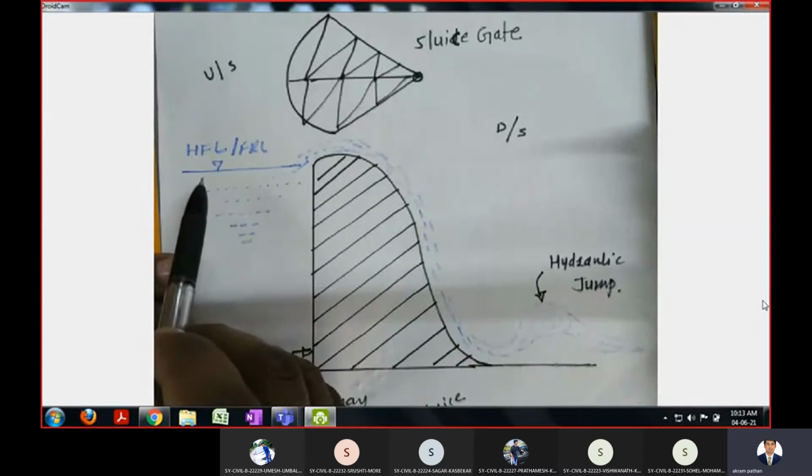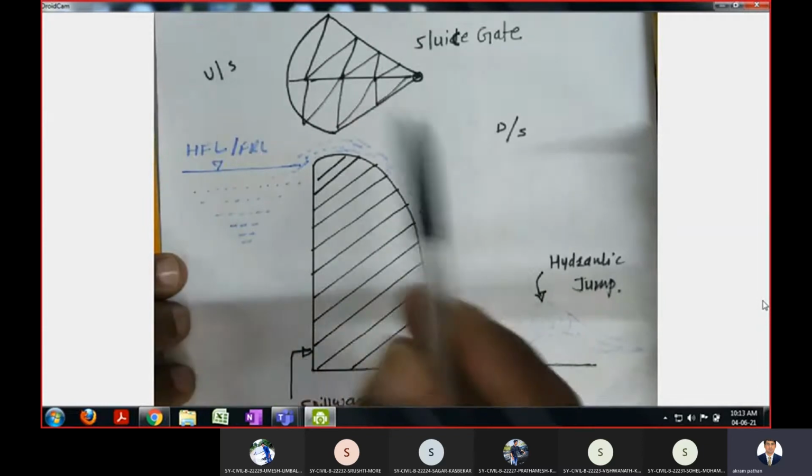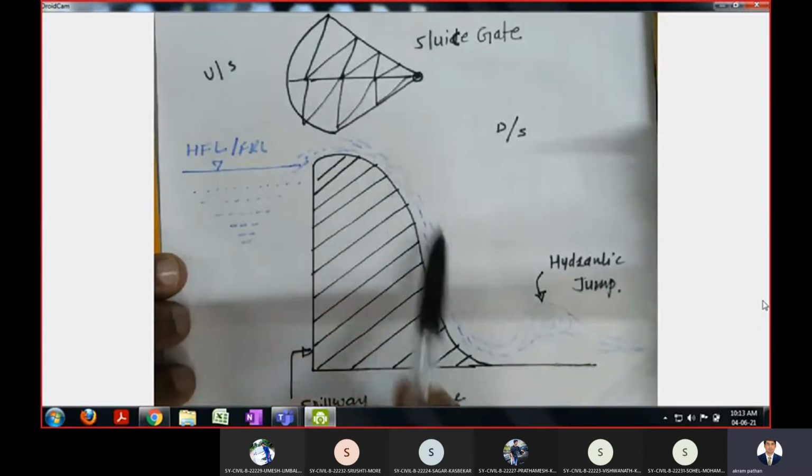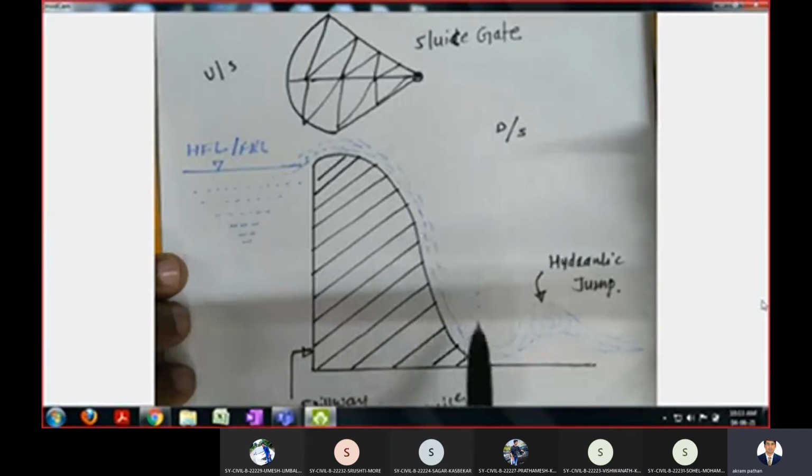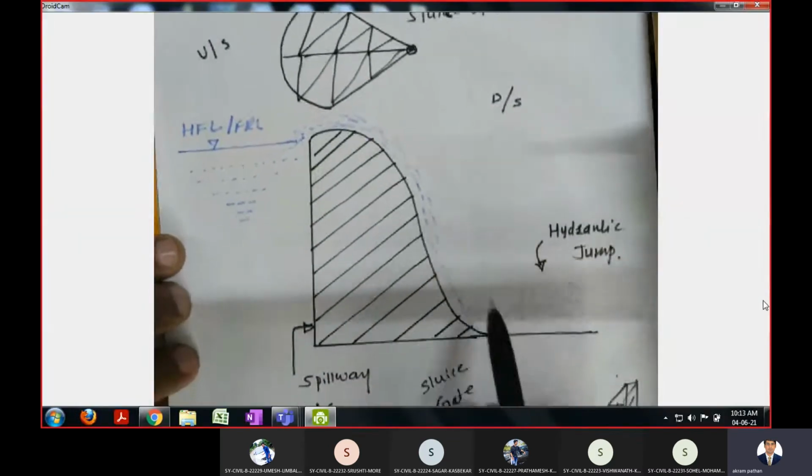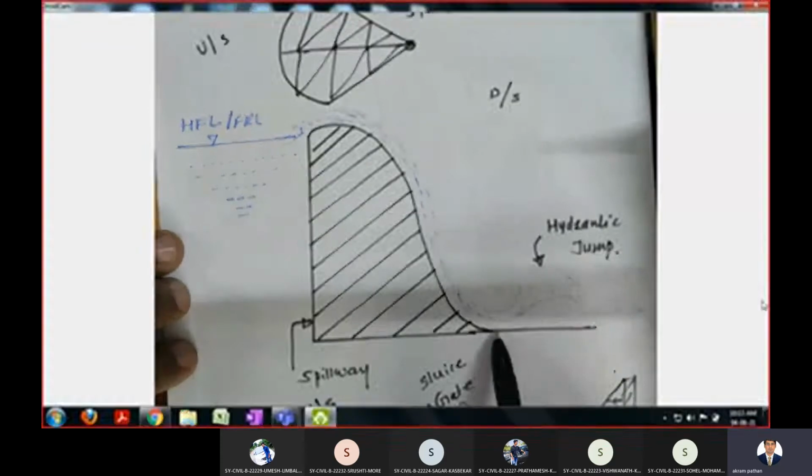Now how does the gate open and how can we release the water by opening the gate into the channel? For example, we have a channel here.